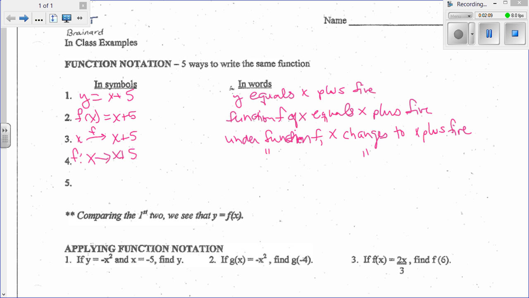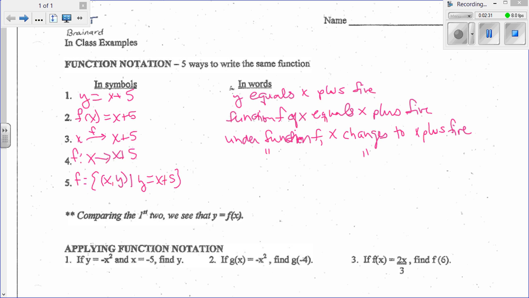And finally, number 5 is f equals a bracket, parentheses, x, y, and a straight line up and down, y equals x plus 5, close the brackets.